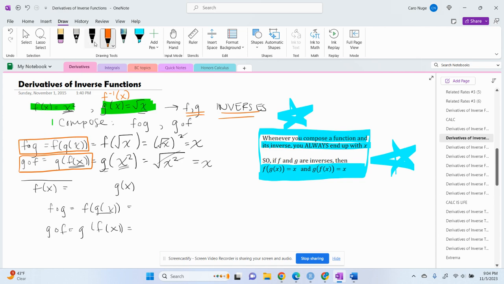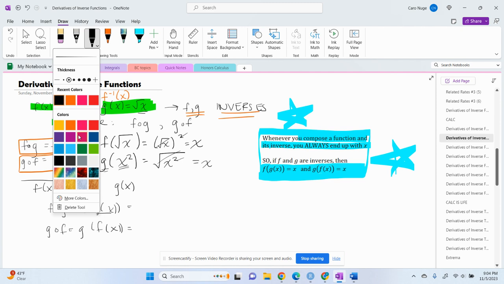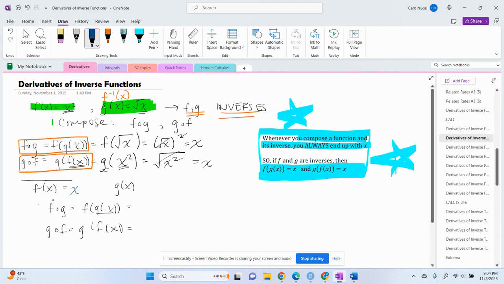Let's do one last example here just so you can make sure you're all set. Let's try doing f. I'm going to make x squared plus 10. And g, let's make the square root of x minus 10. Let's confirm whether or not these are inverses of one another. So anytime you're given a pair of functions and you're asked to decide if they're inverses, just compose them both ways.